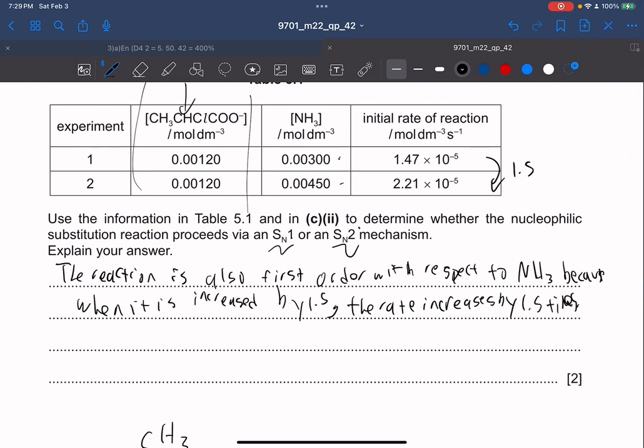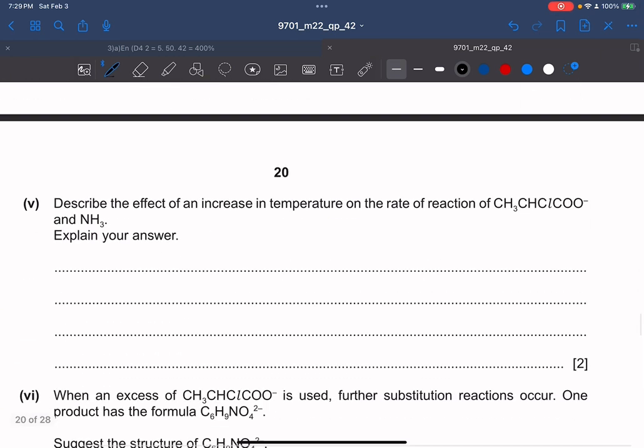It means the reaction is second order overall. So SN2.